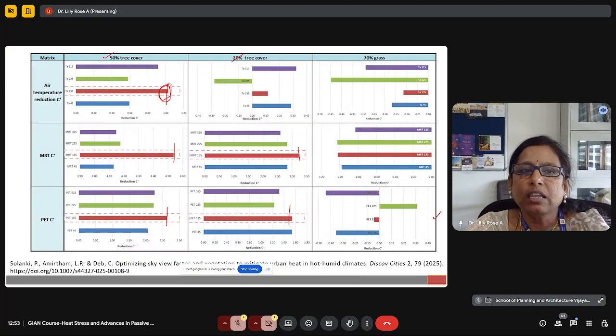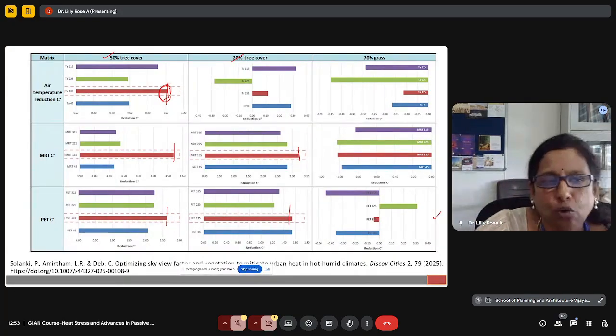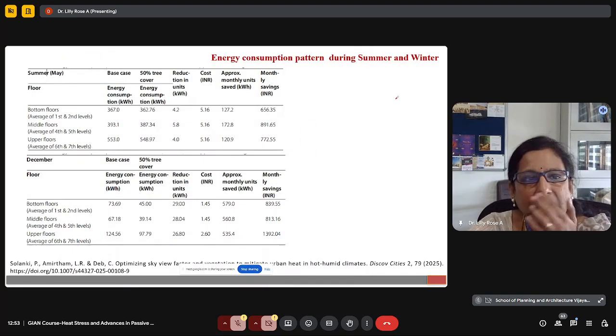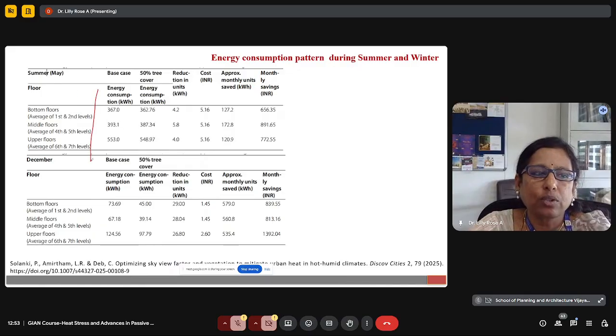We reduced the temperature values by 1 degree in the microclimate design in the EPW file, and then ran the simulation in Design Builder to find the indoor energy consumption pattern during summer and winter. We categorized the building into 3 levels: the lower levels, middle floor levels, and upper floor levels, because the energy consumption pattern also varied with the increase in floors.